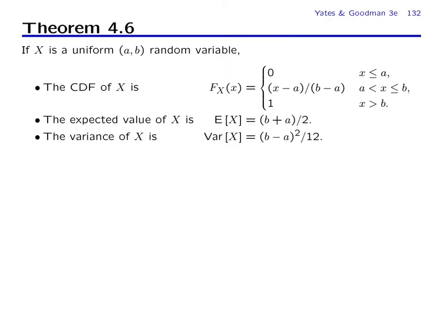This theorem summarizes the expected value and variance properties of the uniform random variable.